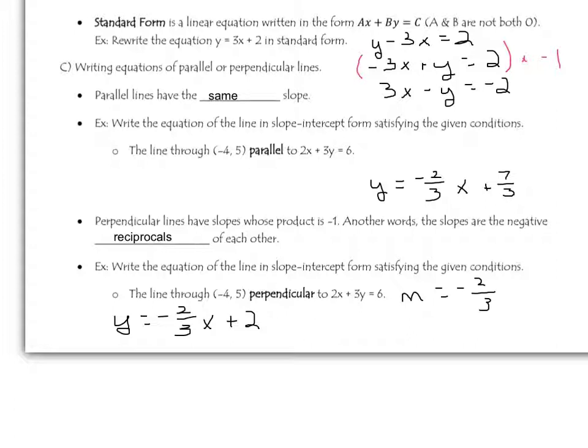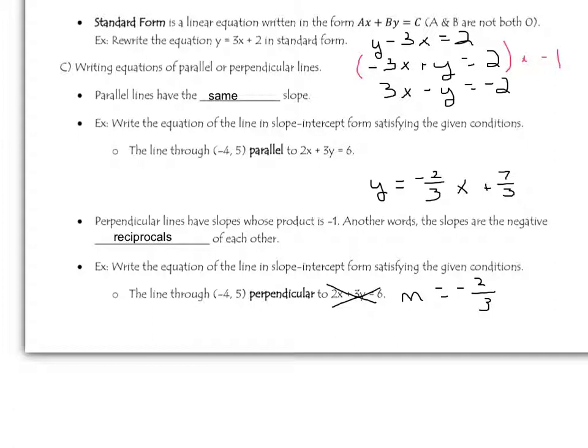Okay, now that we've figured out what the slope is, which we had actually done earlier, we can get rid of this and ignore this line here, because we're trying to come up with a line that is in slope-intercept form that is perpendicular to the line we started with. And we know that that line is going to have a slope not of -2/3, but of the negative reciprocal.